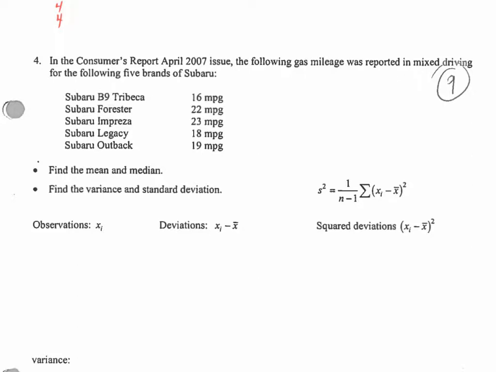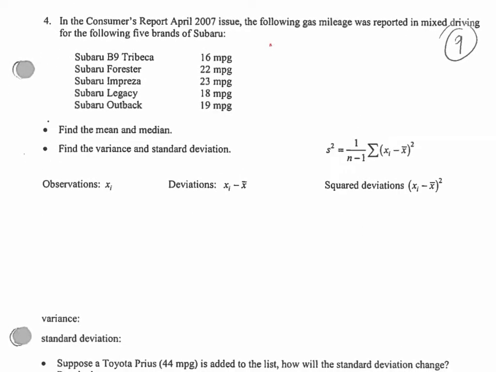I want you to now, and that's why I had you get your calculator, take these 5 numbers, calculate the mean and the median. All right, so I got a mean of 19.6 and a median of 19.